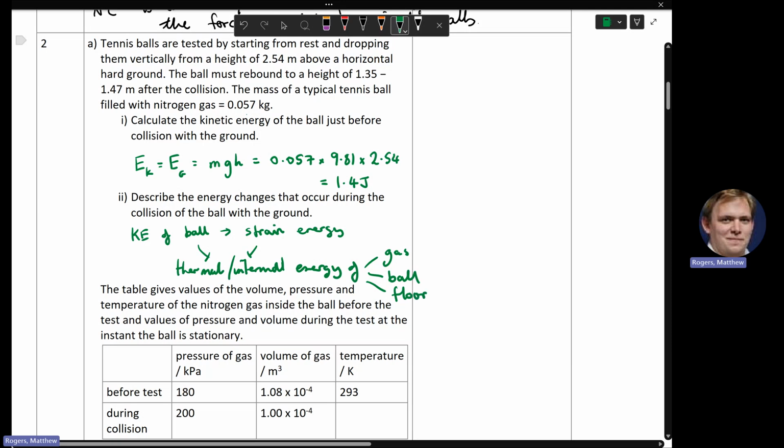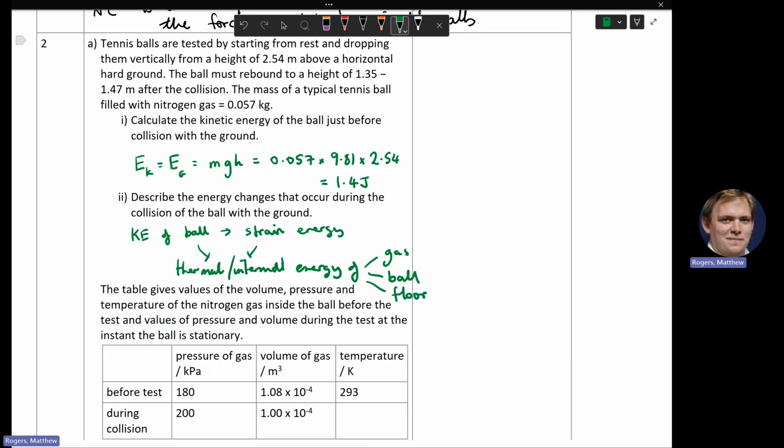All of those things are going to receive some of that thermal energy and warm up slightly.